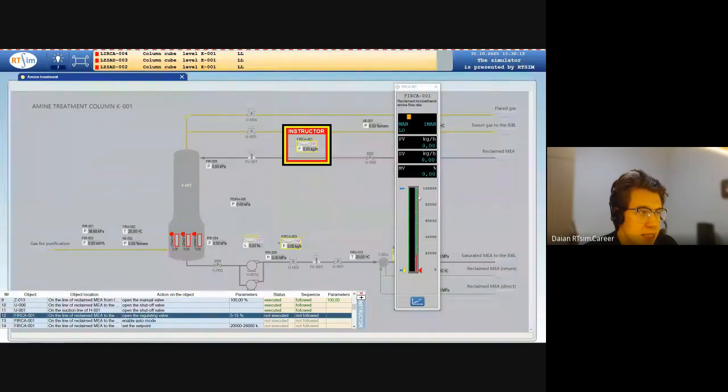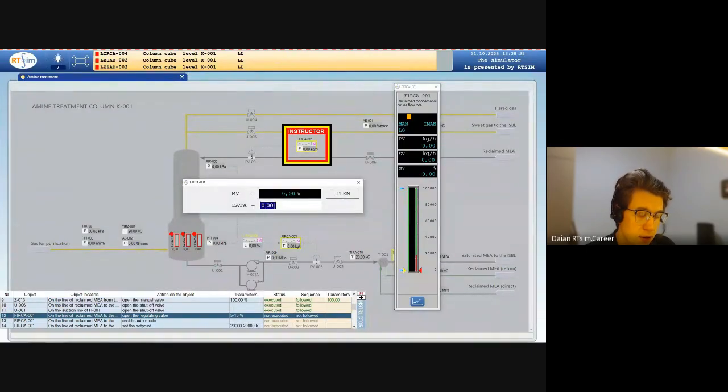The next step is to open our manual valve for a few percent. The maximum value is 15%.